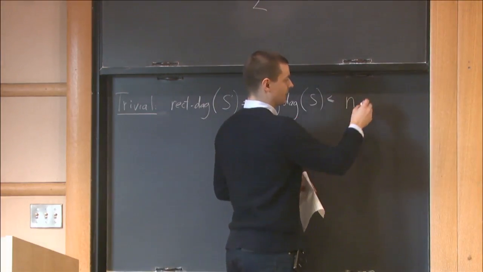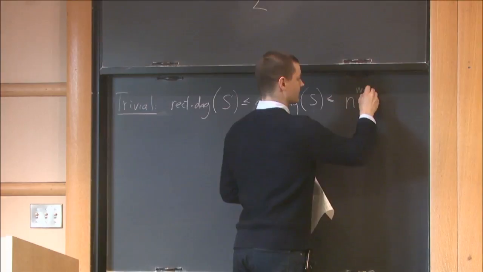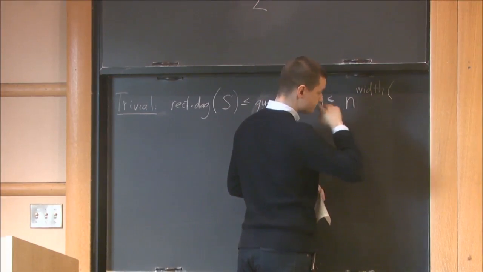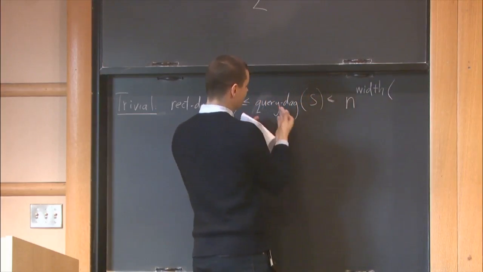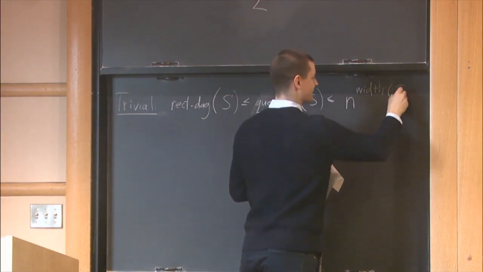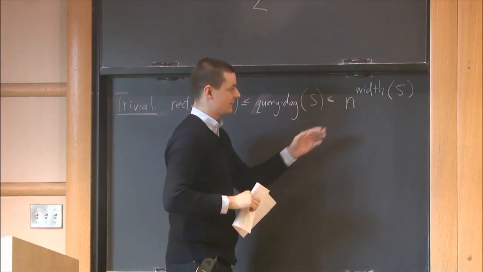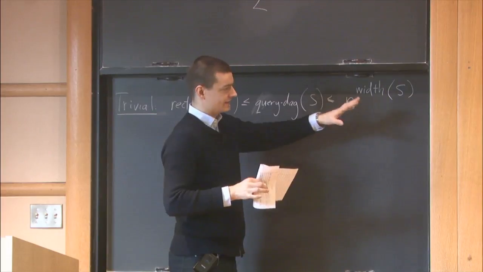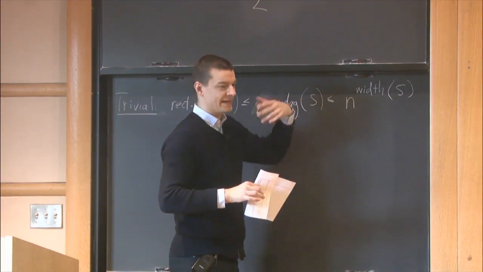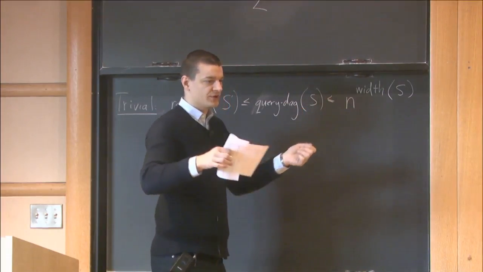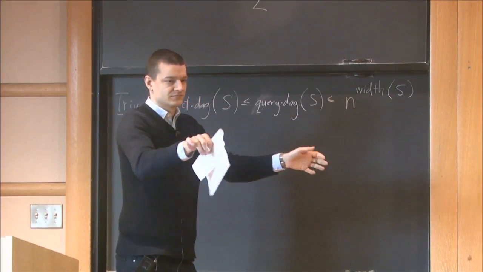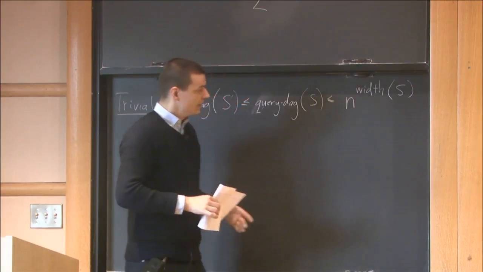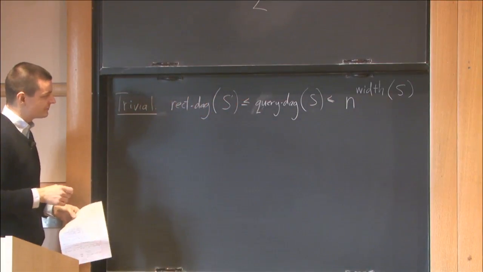So if you have the least width of a query DAG that solves S, you get a bound on the number of possible nodes. There's no reason why in these DAG-like models you would want to repeat a node. If you have two nodes with the same feasible set, you might as well identify those nodes. So these are the trivial relationships.